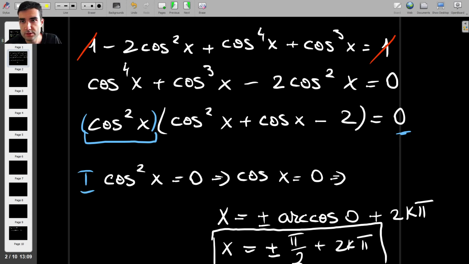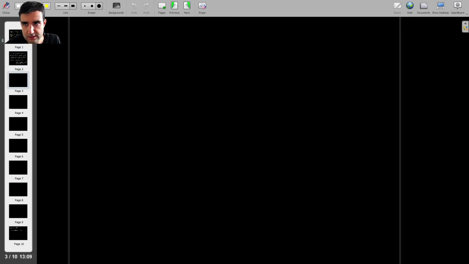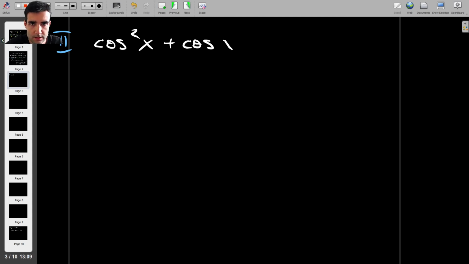Now we have to deal with the second case, which happens when this is equal to 0. So let's write it here. In the second case, we've got cosine squared of x plus cosine of x minus 2 is equal to 0. So this is actually a quadratic equation, which, just for simplicity, let's substitute cosine of x with t.